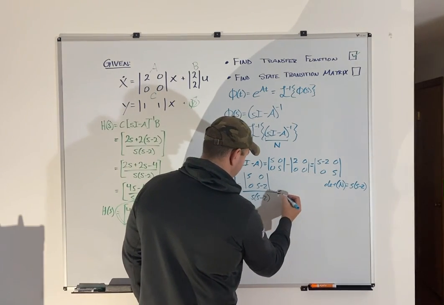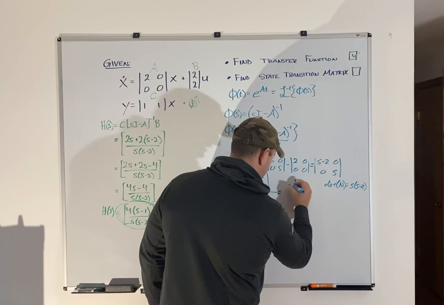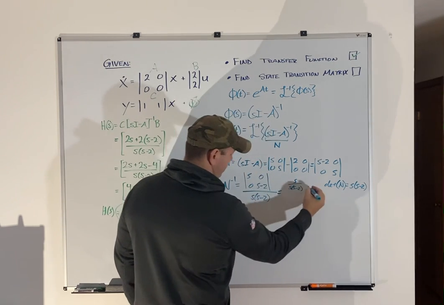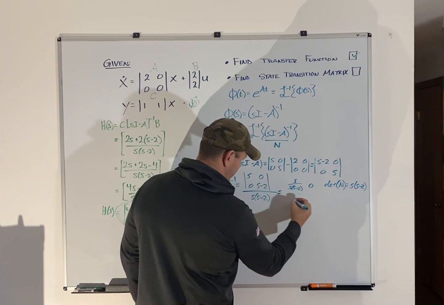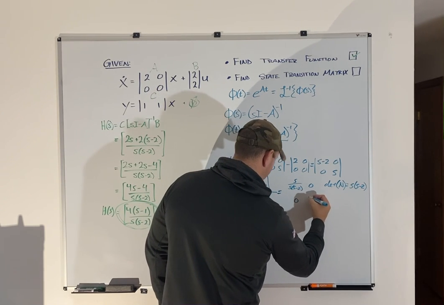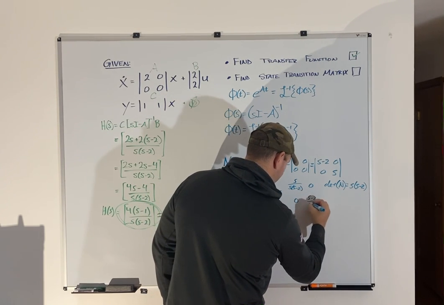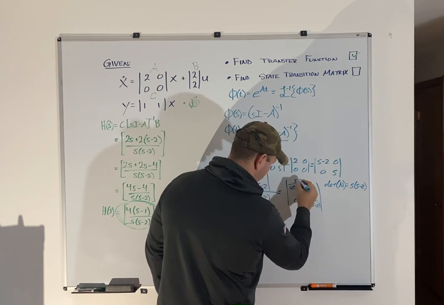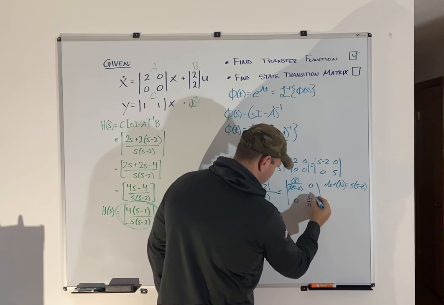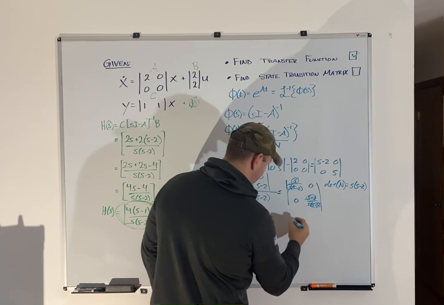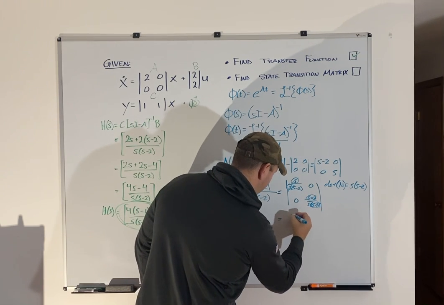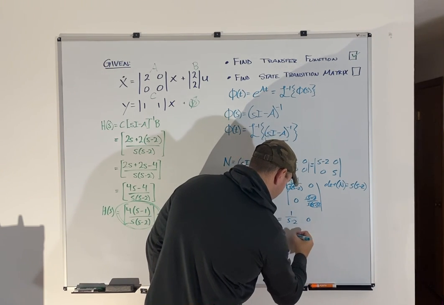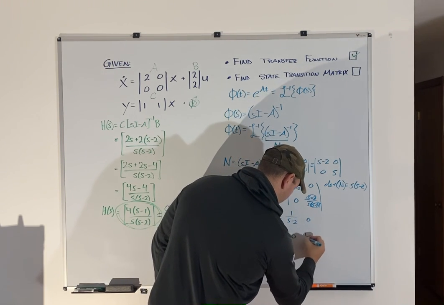So let's write this out big. It's going to be s over s minus 2, 0 over that would leave 0, 0 over that would leave 0, and this is going to be s minus 2 divided by s minus 2. So the s's will cancel, the s minus 2's will cancel, and we'll be left with 1 over s minus 2, 0, 0, 1 over s.